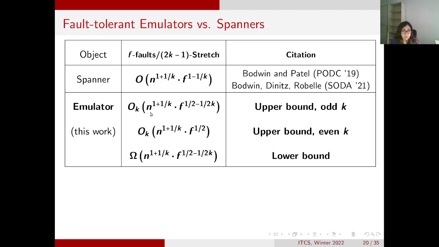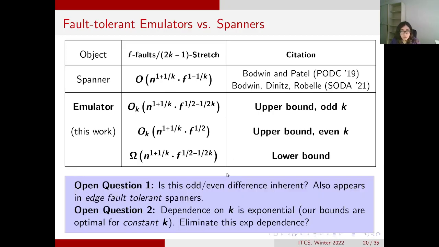So we get an emulator with this size with respect to f, which is optimal for odd k. Of course the first question that comes to mind is, what's going on with this odd even difference? Is it an inherent difference? Because it also appears in the context of edge fault-tolerant spanners.